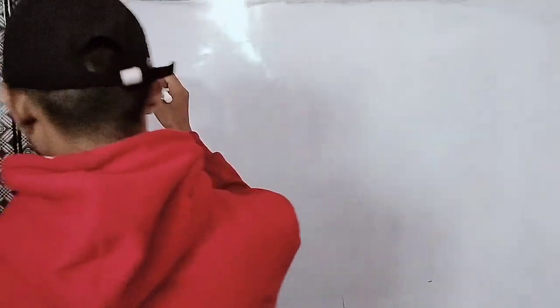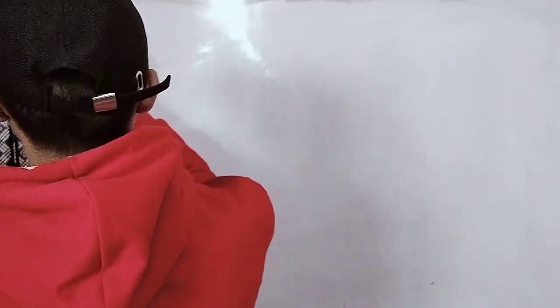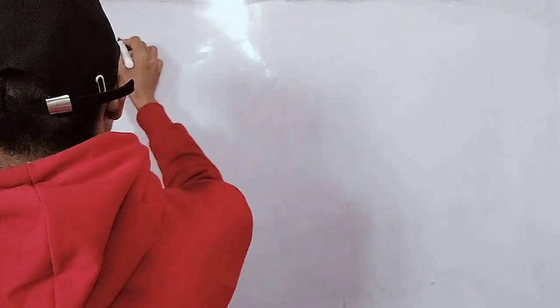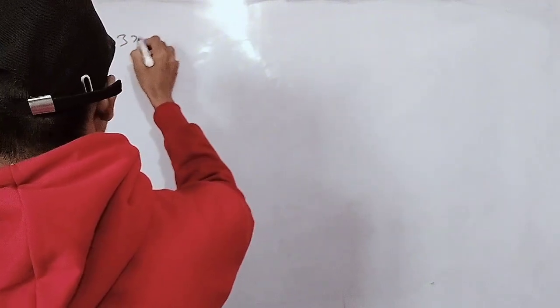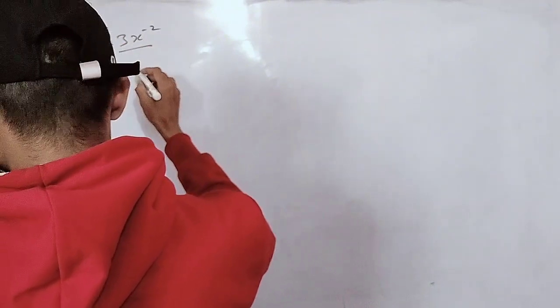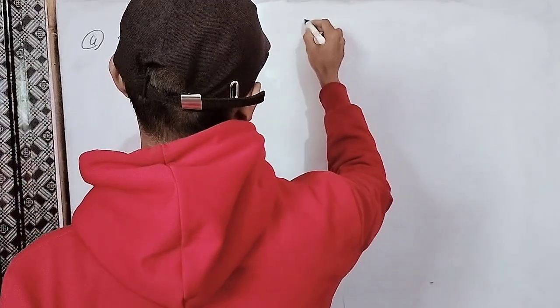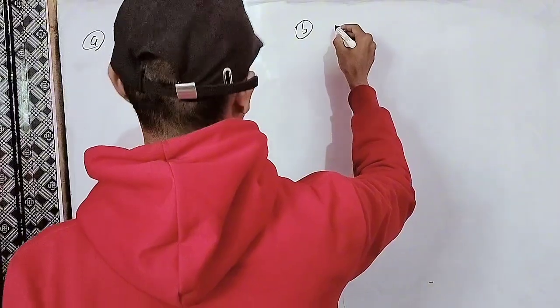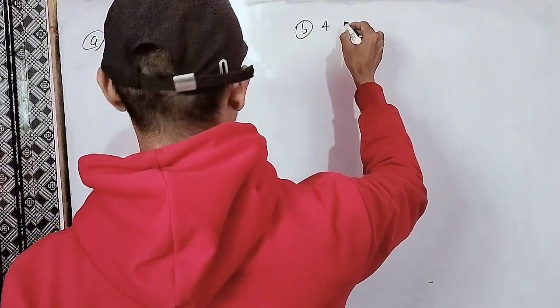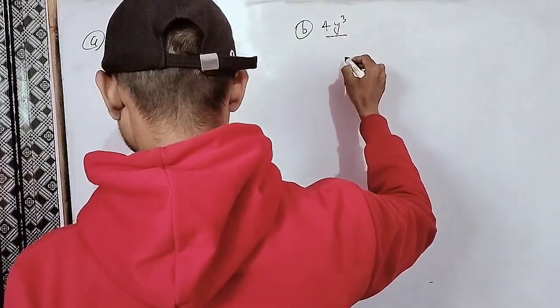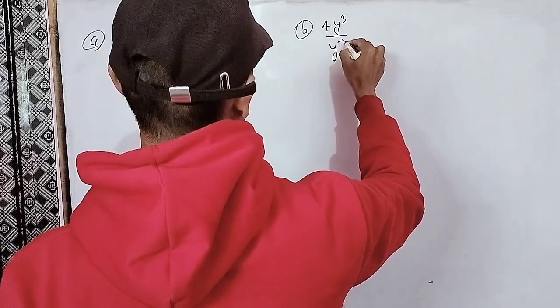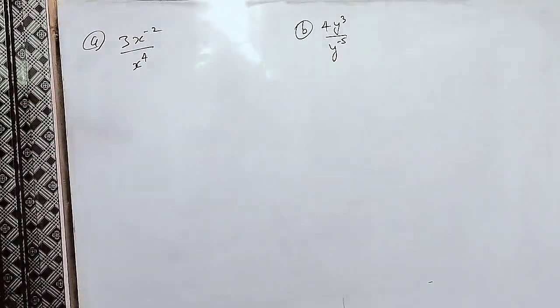In the algebraic expression, a is 3x squared in negative, and then b is 4y cubed, and y minus. How would you solve it? Do you have any idea to solve it?